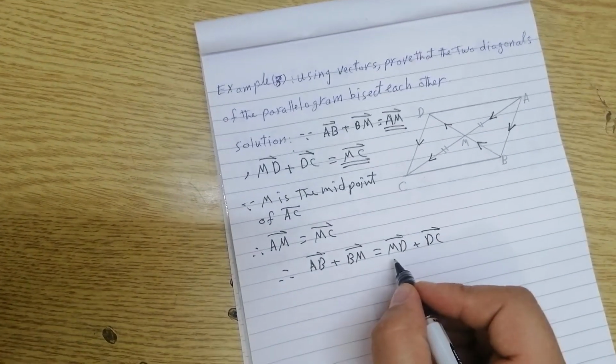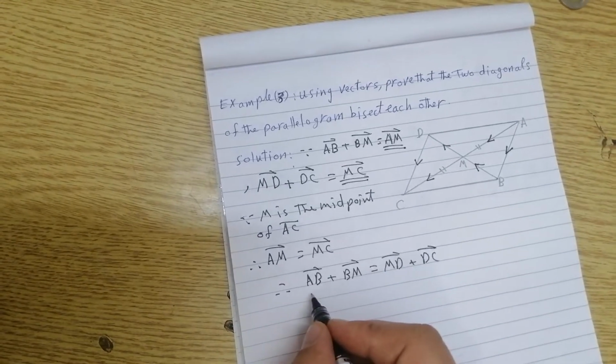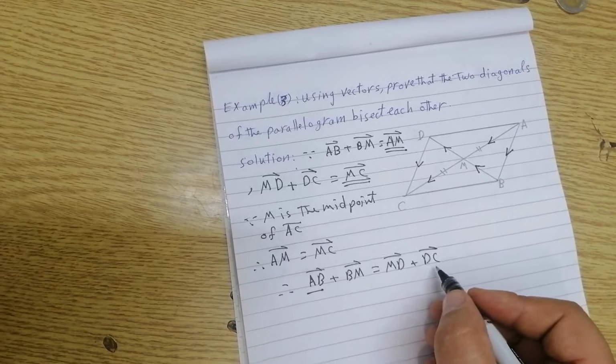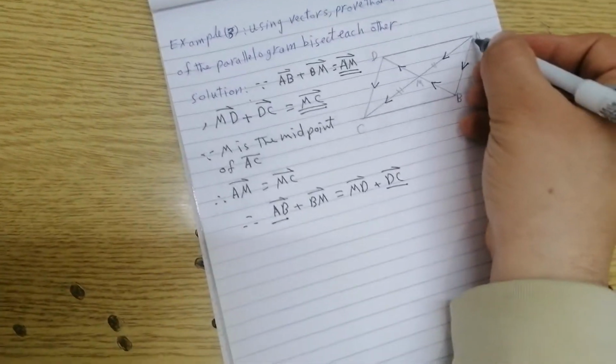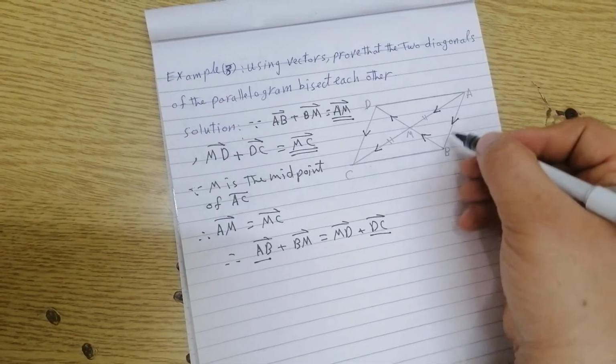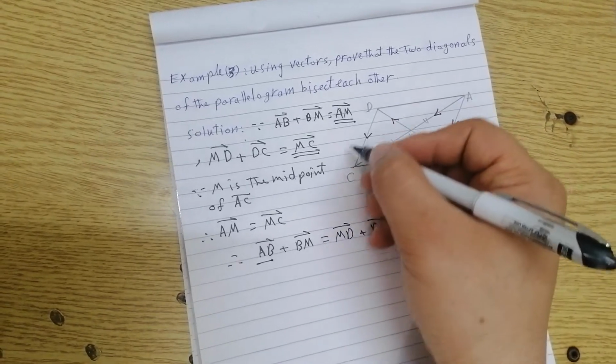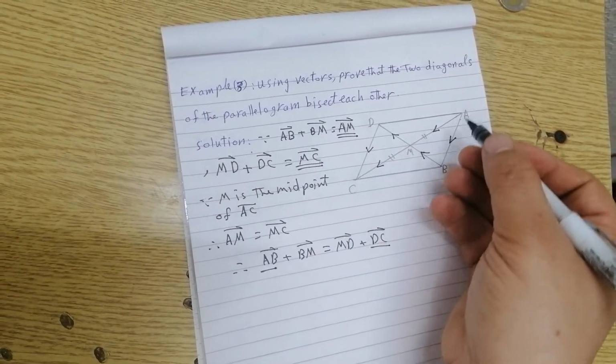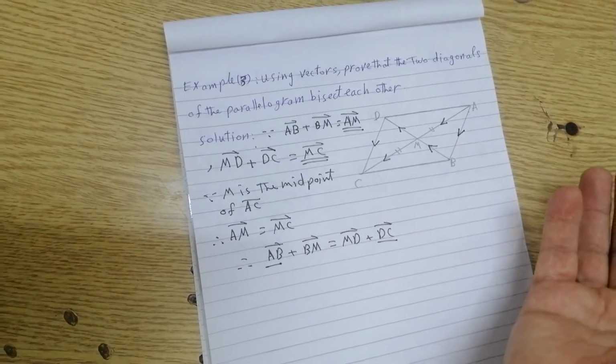But we have here another relation: AB vector here and DC vector. Let's see it in the graph. We have here AB has the same direction as DC, and they are equal and parallel because ABCD is a parallelogram.